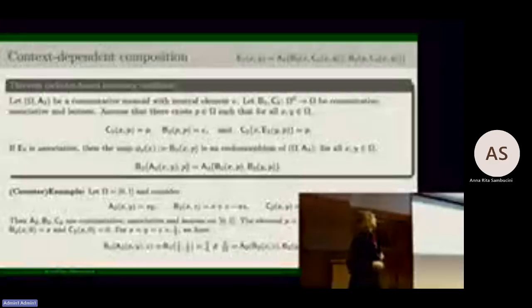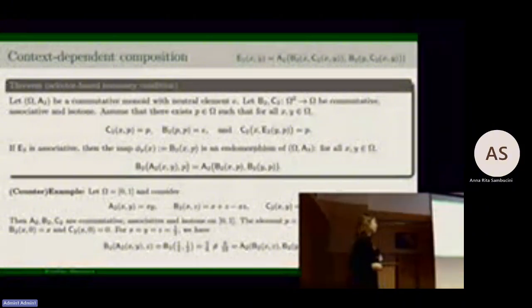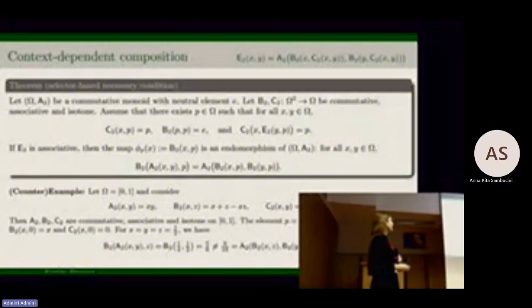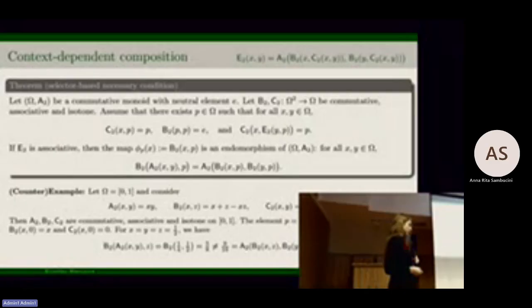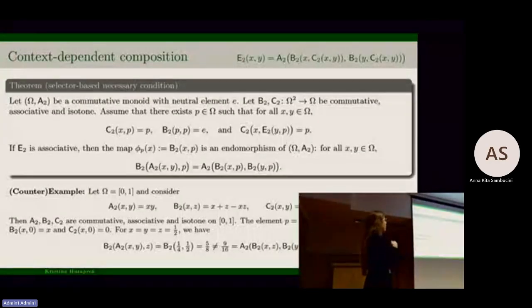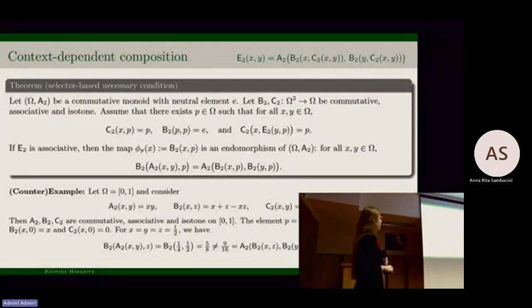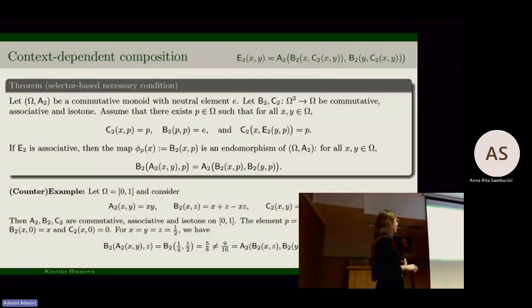Under the natural selector assumptions, associativity forced a strong algebraic structure. One branch of this composition must be an endomorphism.